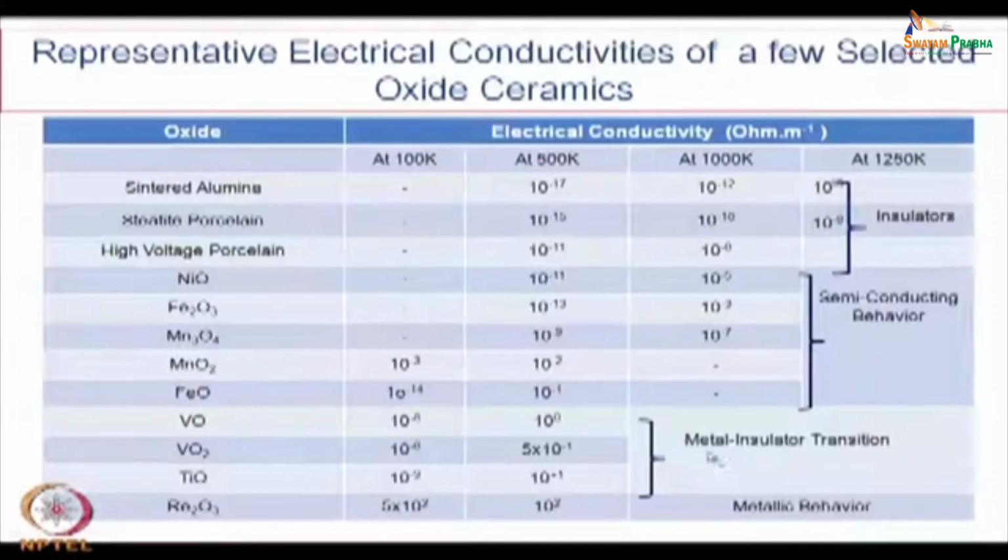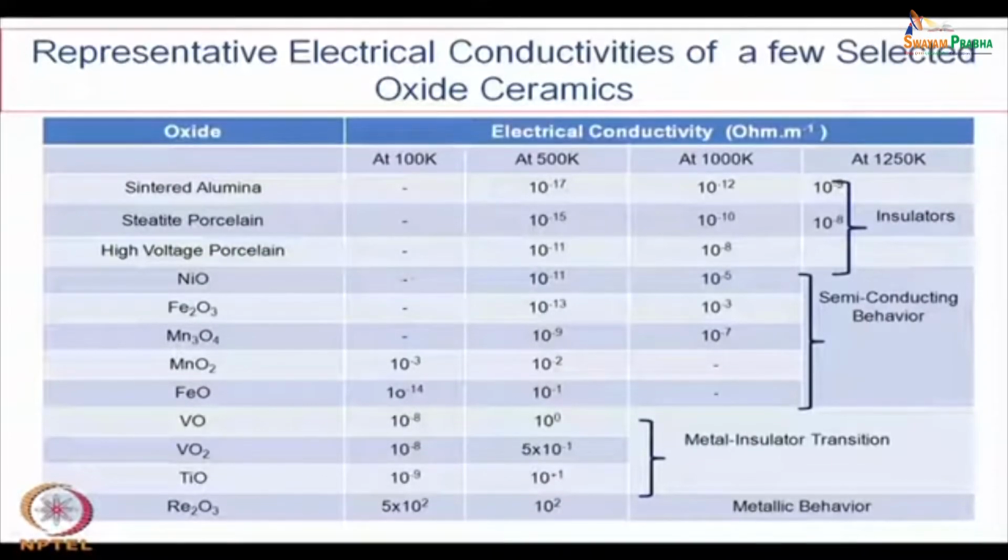There are some metals, some ceramics where there is a metal insulator transition, and then you have some metallic behavior in them. So, different kinds of electrical properties are available in the host of ceramic materials, some of which we have discussed briefly earlier. For example, sintered aluminum oxide, it is a highly insulating material.